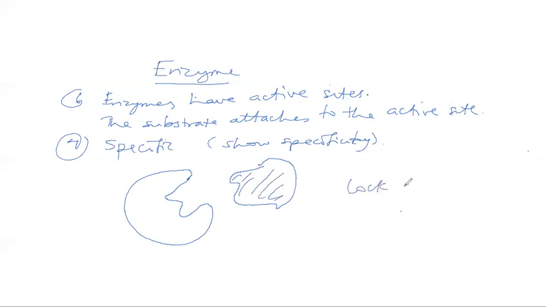A different key won't work. For every lock, there's a particular key that can open it, right? Same thing with the enzyme. Even though the active site is not like a lock that is fixed, it can change shape.